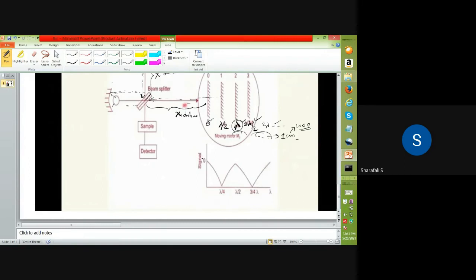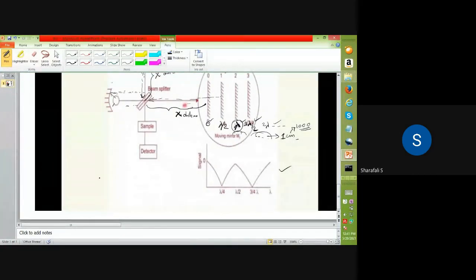Let's say one particular wavelength comes from the IR radiation, hits the beam splitter, splits, and comes back to the beam splitter again after hitting these mirrors with zero path difference, giving you maximum intensity. Then we move the mirror. We will get a minimum at lambda by 2, a maximum at lambda, and so on, and you will get a cosine wave like this. That is for one wavelength.